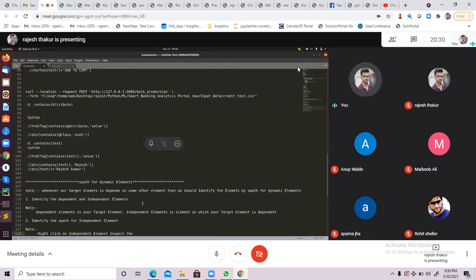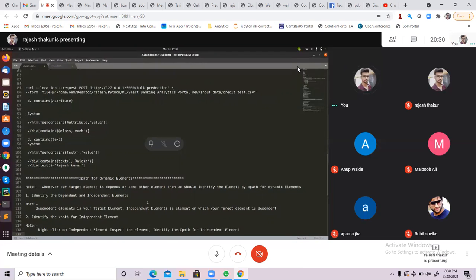Right click on independent element, inspect element, and identify the XPath for independent element. This is the second point.